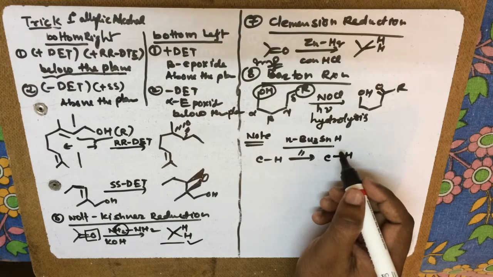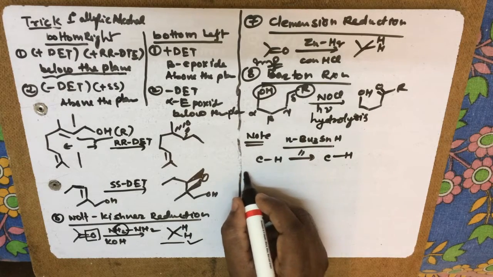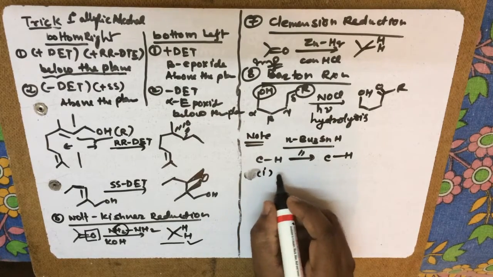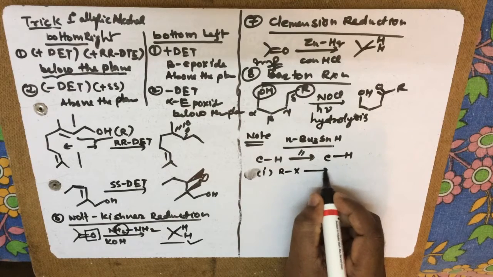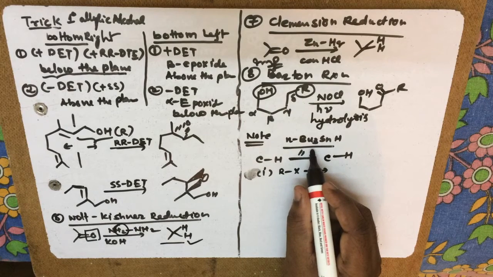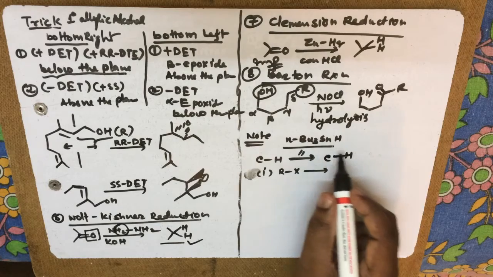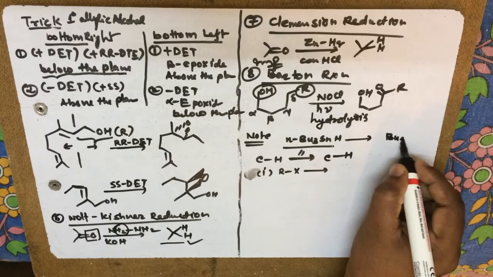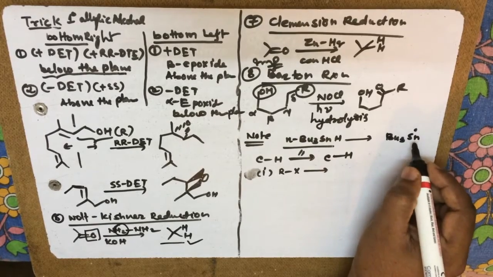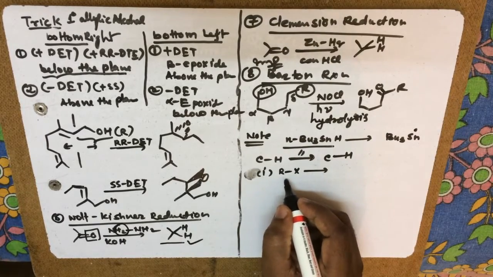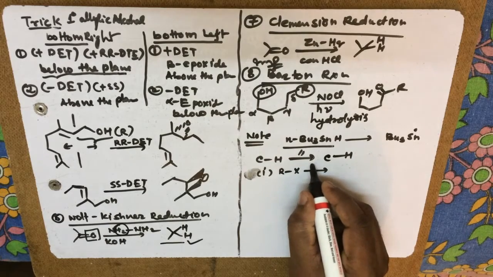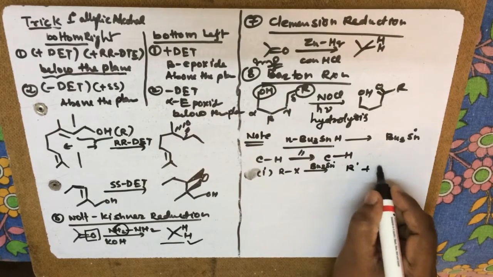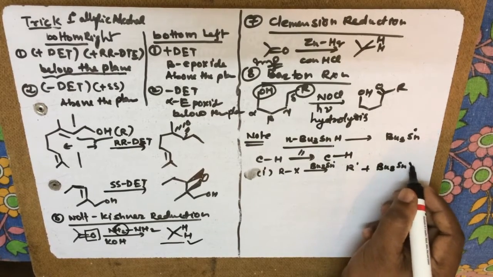If you see step 1, you have RX and you have this. First it forms the radical, Bu3Sn, and this radical reacts here to create a radical, so Bu3SnX forms.